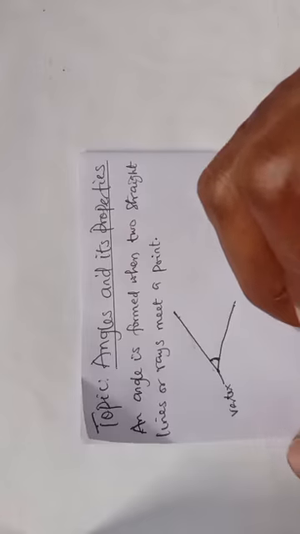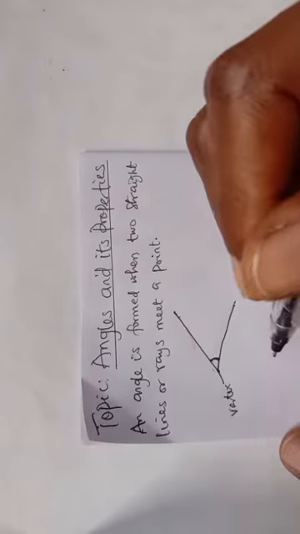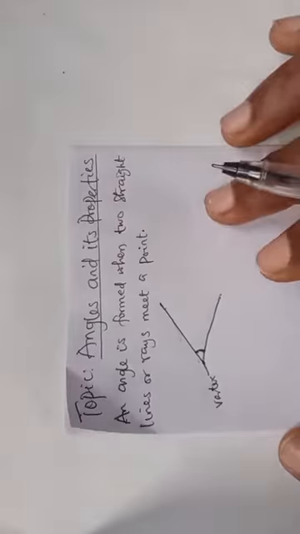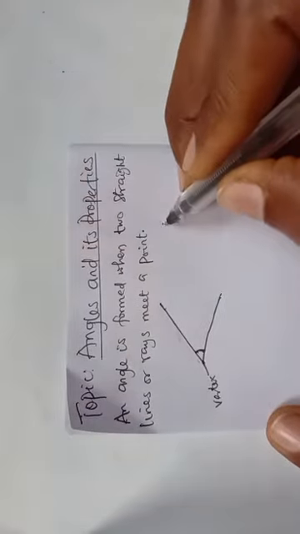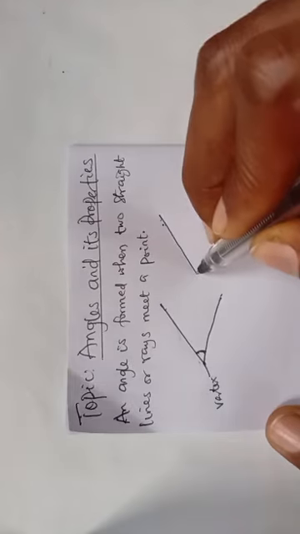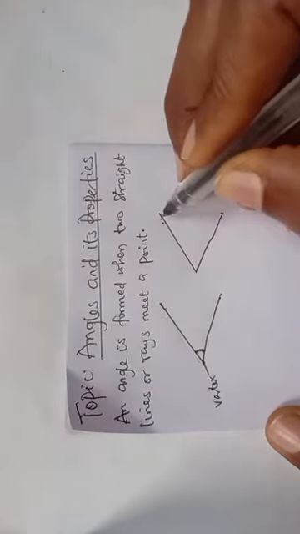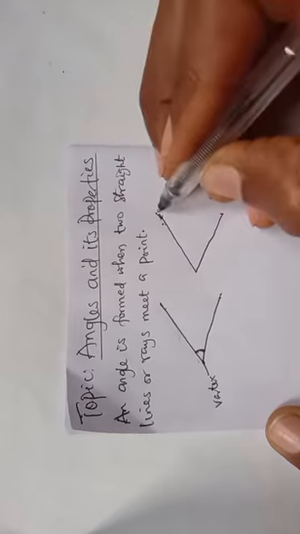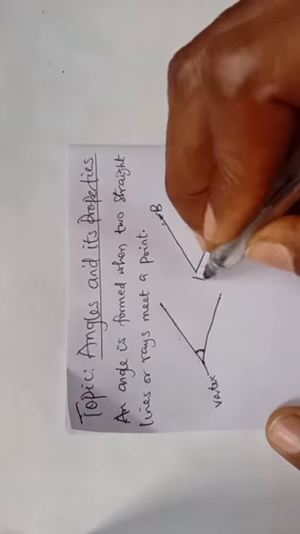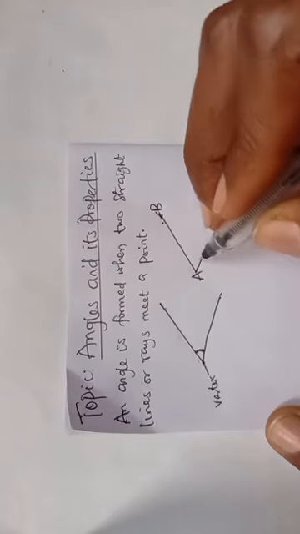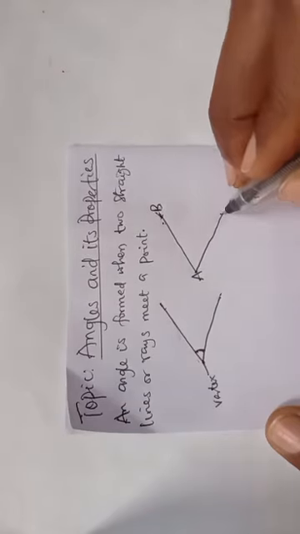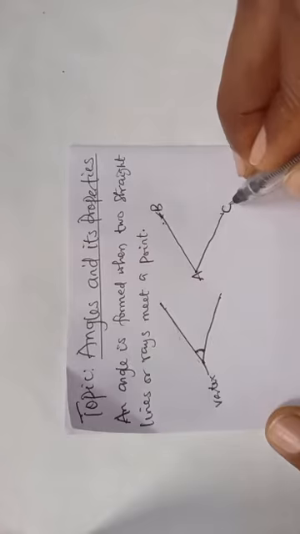And let me also illustrate better for us to really understand more about this. Let's say I have something like this. I call this line BA. From here to here is BA, while from here to here is AC.